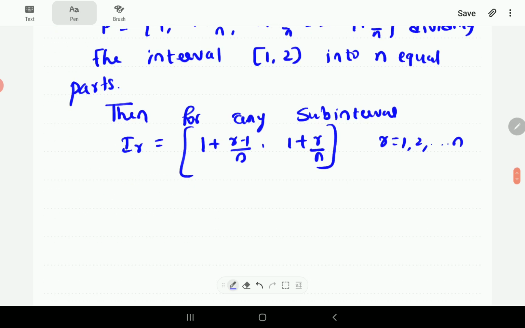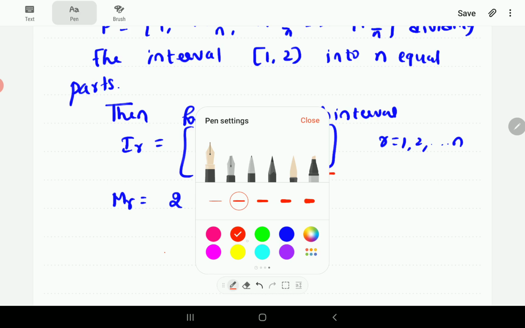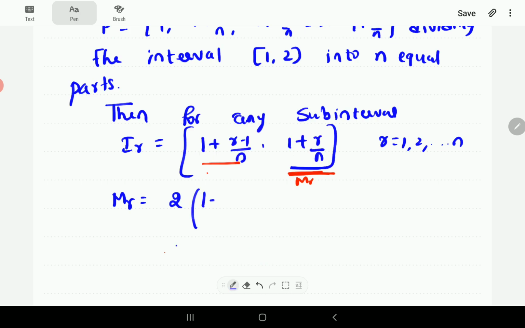So here our capital M_r, since our function is 2x plus 1, is 2 times x, where for capital M_r we take the right endpoint, and for small m_r we take the left endpoint. Now 2 into x, that is 1 plus r by n, plus 1, is equal to 2 plus 1, that is 3 plus 2r by n.